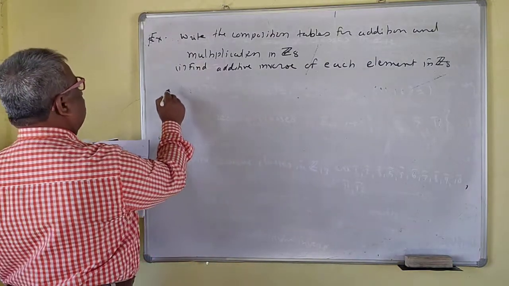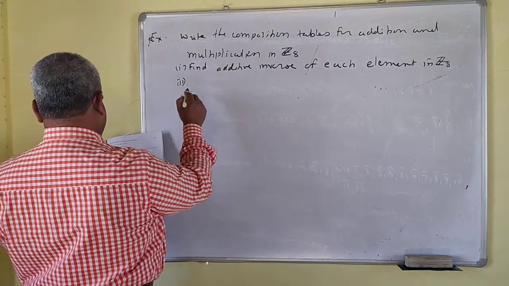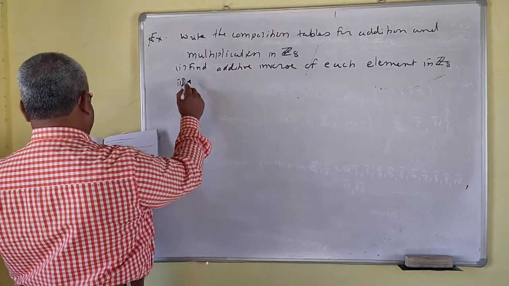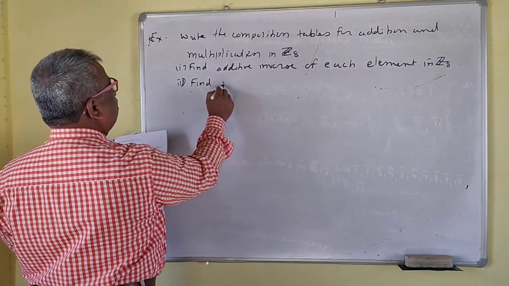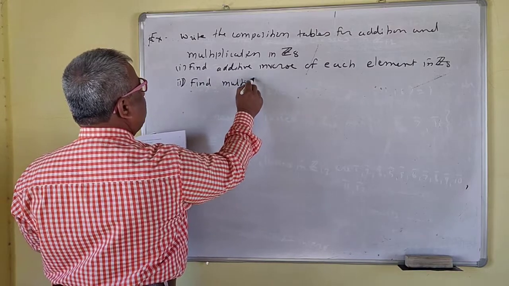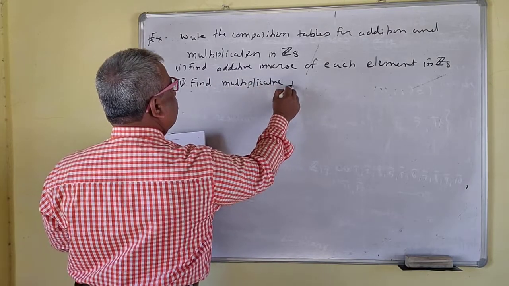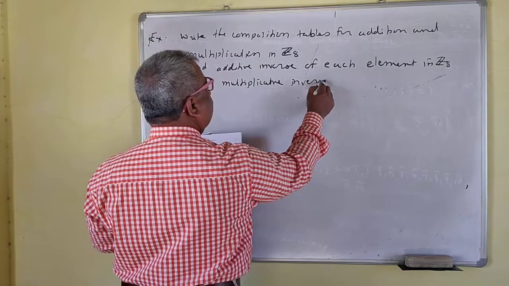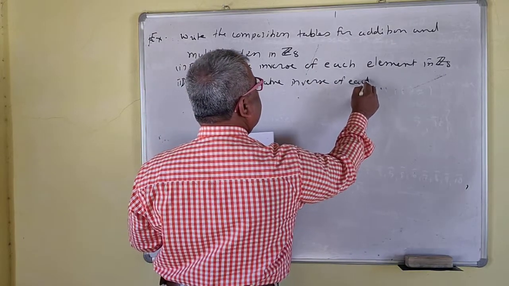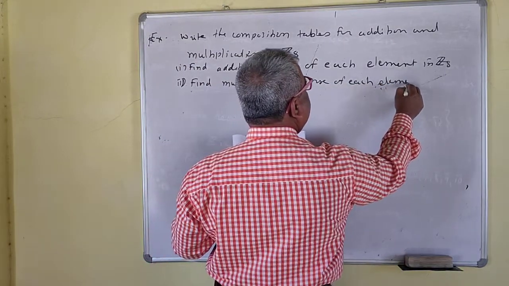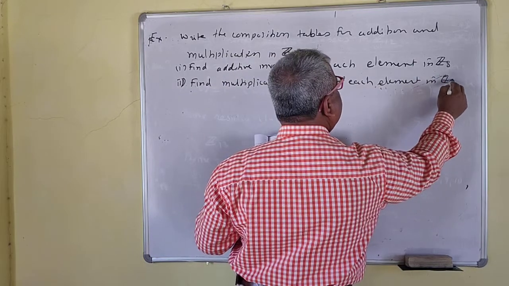Second, find the multiplicative inverse of each element in Z8.